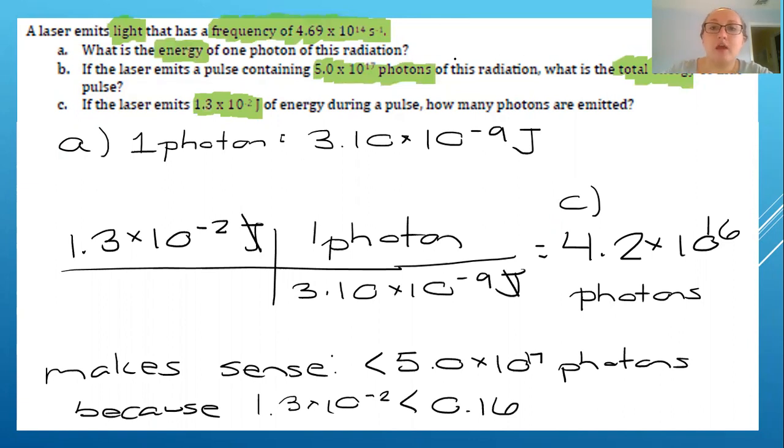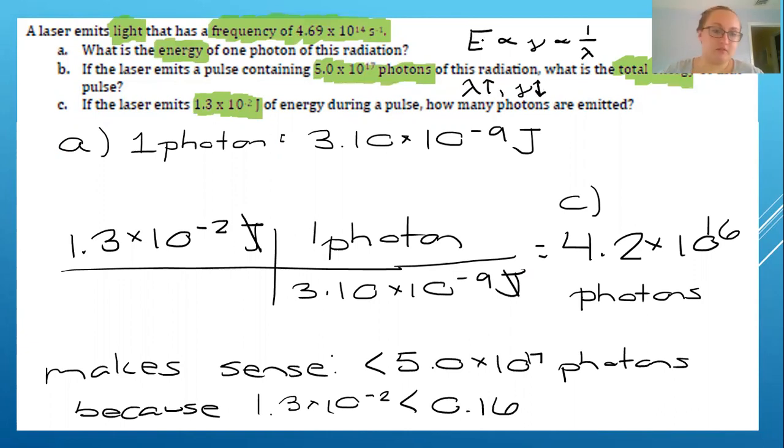So energy is directly proportional to frequency, which is inversely proportional to wavelength. So as wavelength increases, frequency decreases.